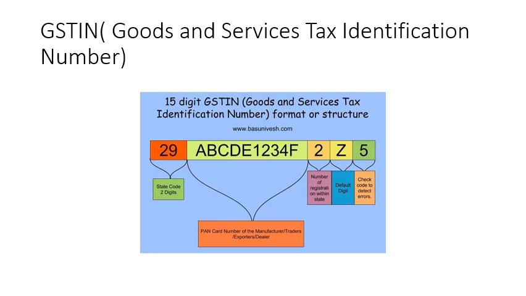So the last digit is a code for error detection. So in total there are 15 digits under the Goods and Services Tax Identification Number.